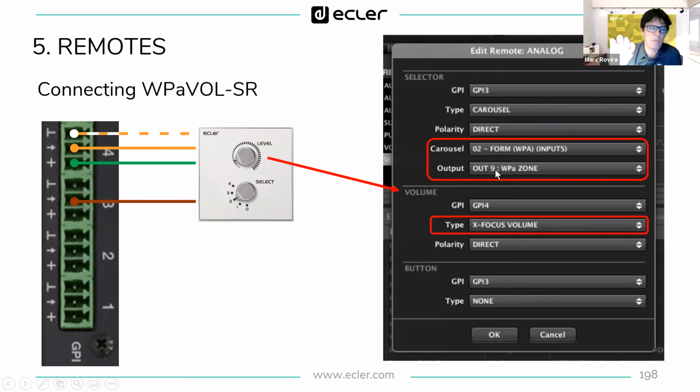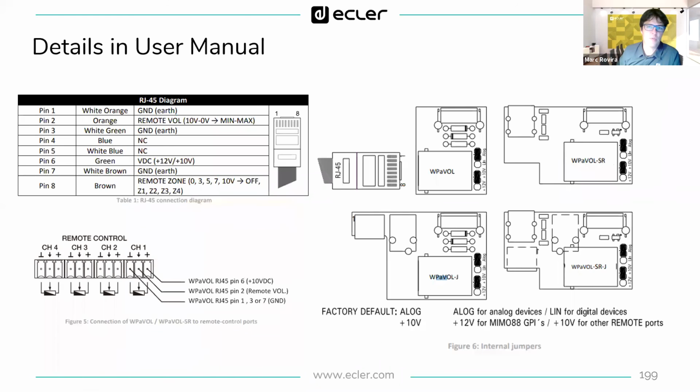Only that cross point. No other volumes will be affected, so not the output volume. That's the interesting part of this, and that's why we have to make a special thing for this kind of remotes.